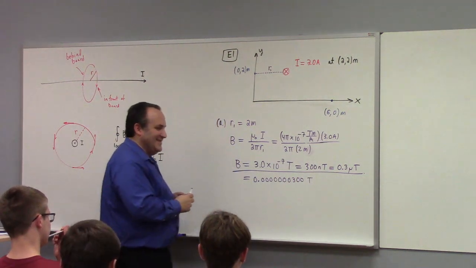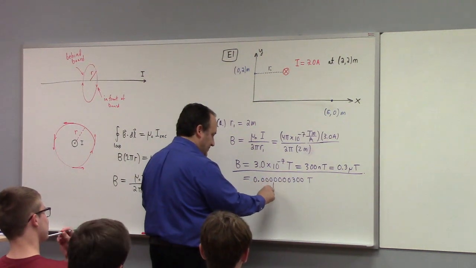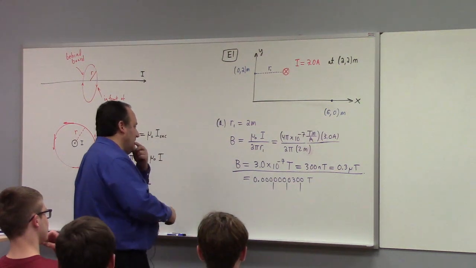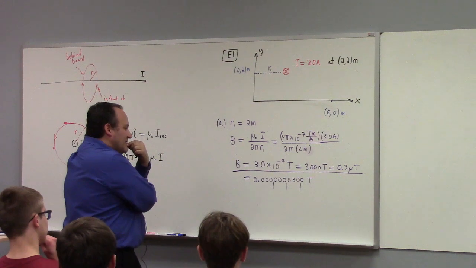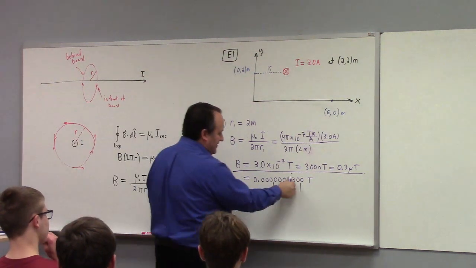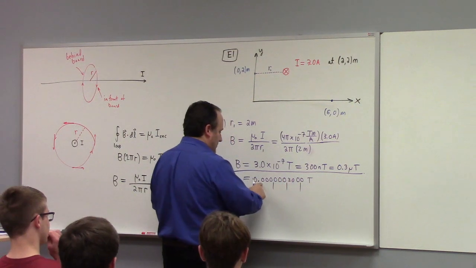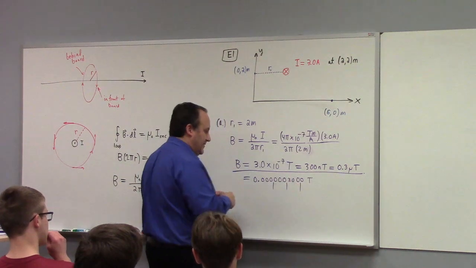So there's 3, 3. Oh, wait a minute. Did I do that wrong? Oh, 10 to the minus 7. That puts the 3 here, doesn't it? Yeah. Duh. 6, 7, yeah. So it's 300 nanoteslas.